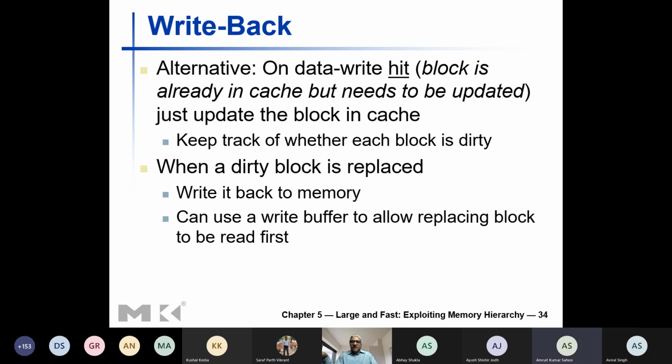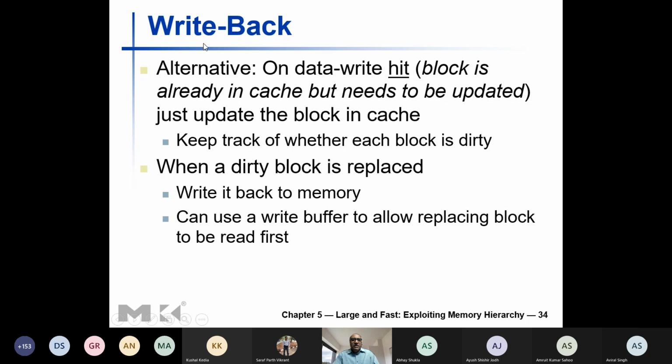Once you modified and set the dirty bit, and after some time, since the dirty bit is set, the contents of this block have been changed, so before replacement this block can be saved into the main memory. When you have done that, the dirty bit will be reset, so that whatever the cache contents are, the same contents are now updated in the main memory also.